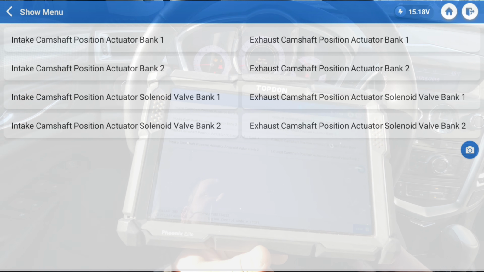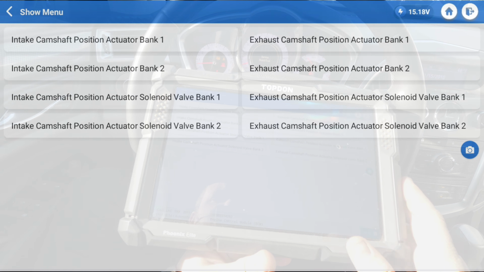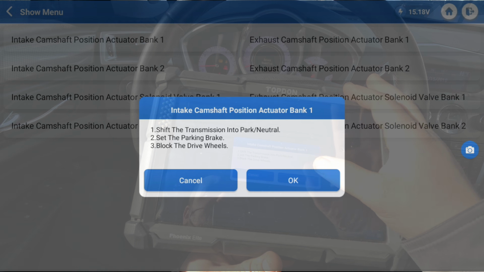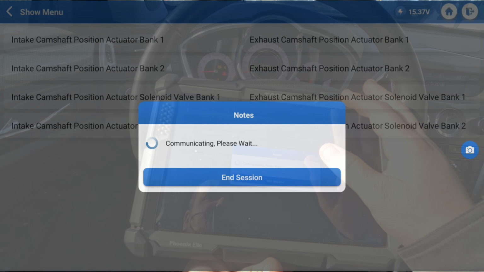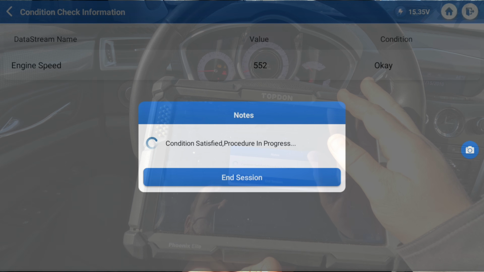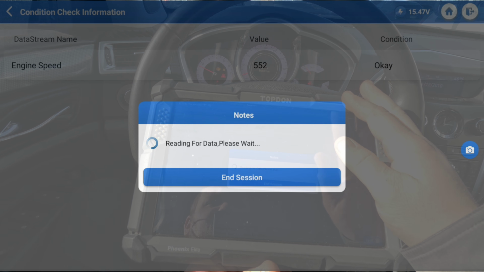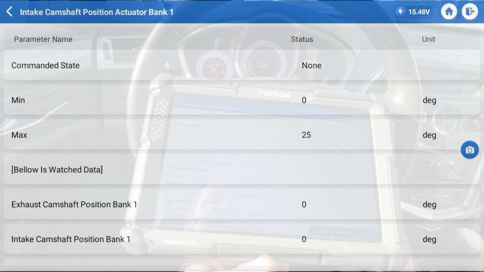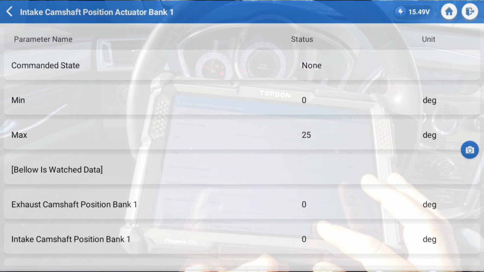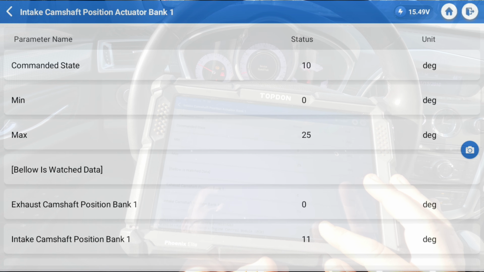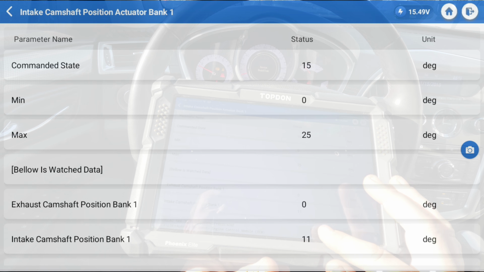Alright, I'm going to have to scope the cam and crank. Let's just see if I can stall the engine by actuating the camshaft. Or maybe it's doing that right now, I don't know. Oh, increase. So it ups the RPM, so it won't stall.